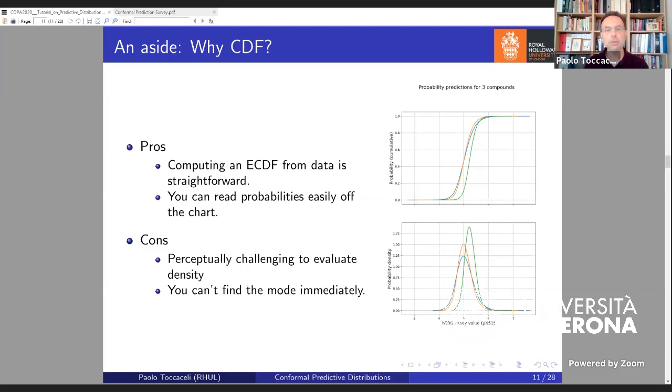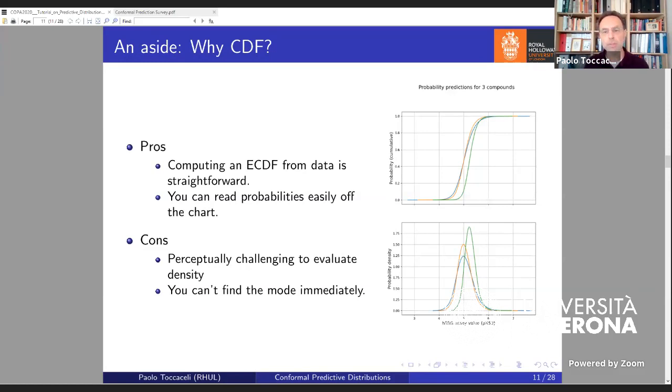And the other thing is that you can read probabilities easily off the chart, whereas you can't quite do the same thing on a PDF chart, unless you know how to integrate by sight, and it's not something I can do.